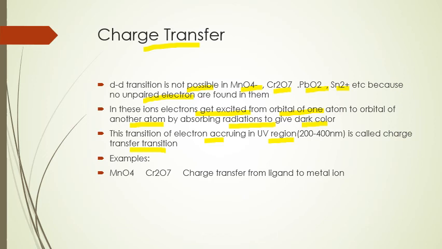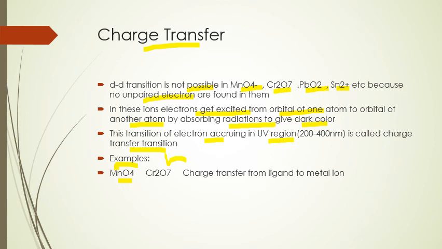This kind of charge transfer transition is found in transition compounds like manganese oxide. Here, the electron from the orbital of the oxygen atom transits to the manganese.